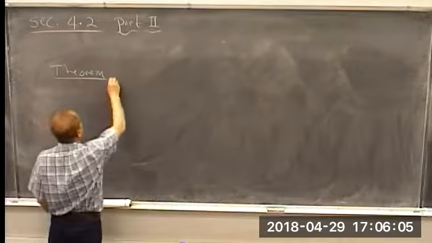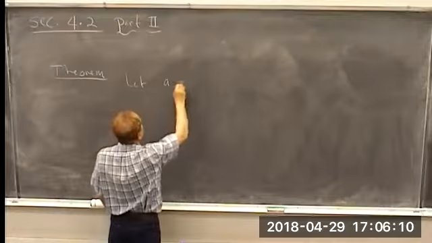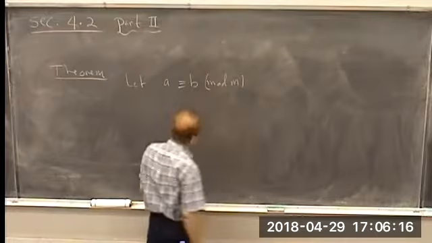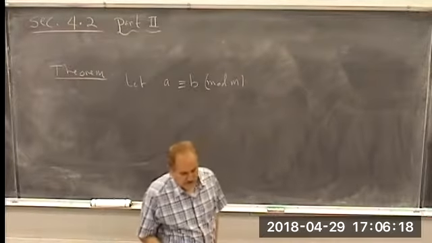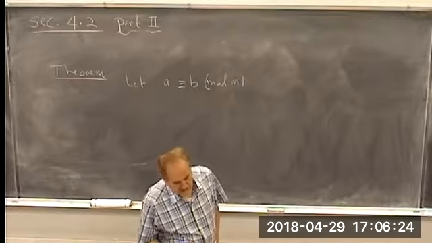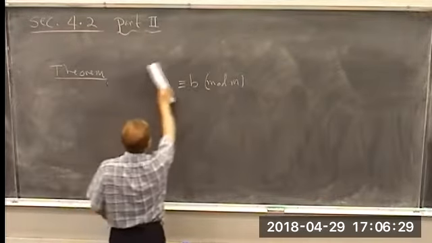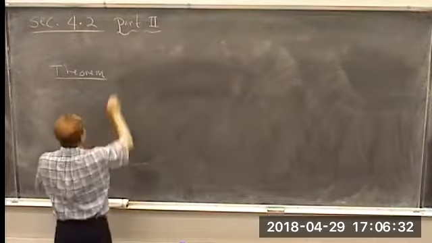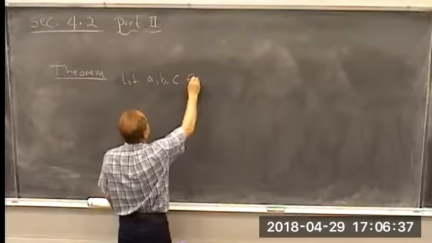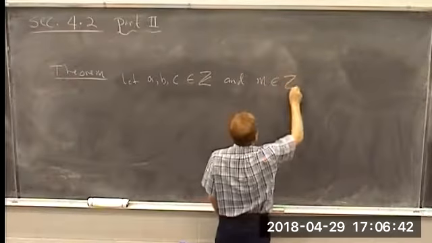Okay, so the theorem goes like this. So we have the usual A, B, C, D integers, and M is a positive integer.